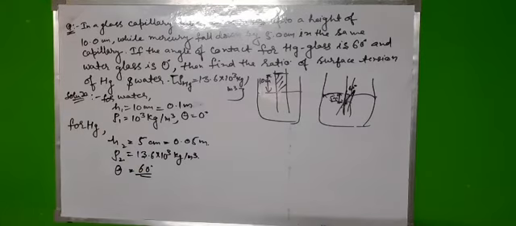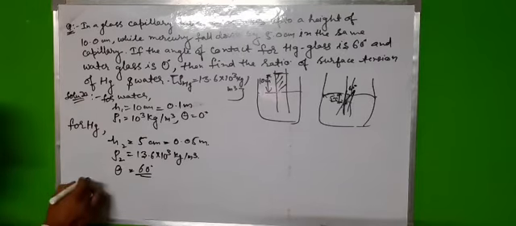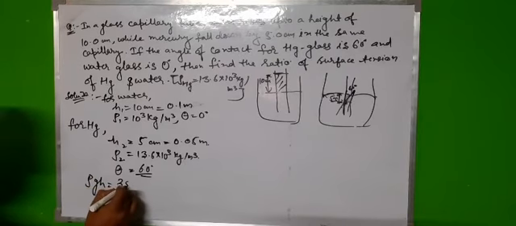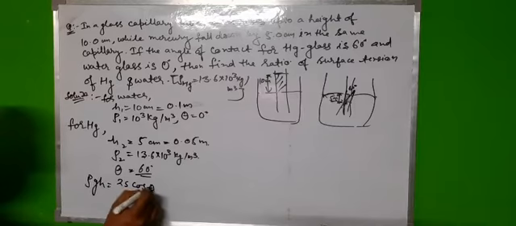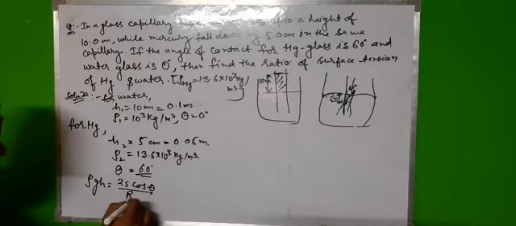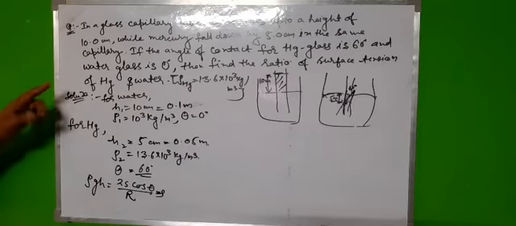So dear students, you know the formula for capillary rise. For capillary rise, rho GH is equal to 2S cos theta upon r, and from here we have to calculate the ratio of surface tension.